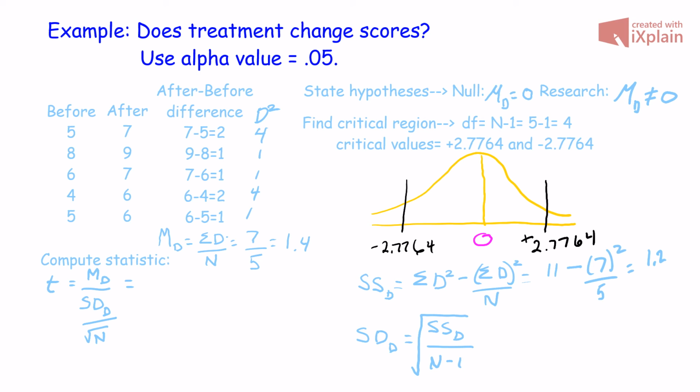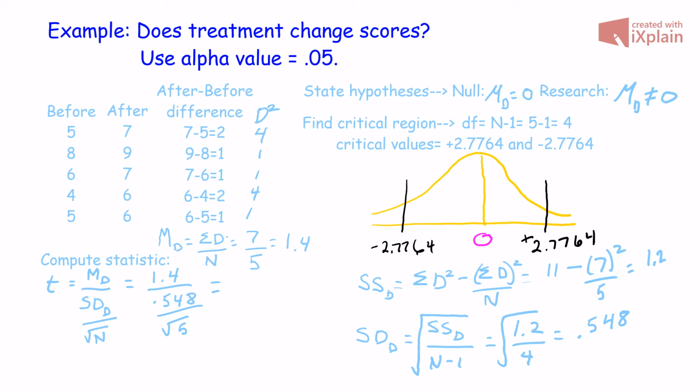Now we take that number and plug it into the standard deviation of the difference scores equation. And we get the standard deviation of 0.548. That's the standard deviation of the difference scores. So now we need to take that number and plug it back over in here into the t-test equation. So let's substitute in the numbers we have.